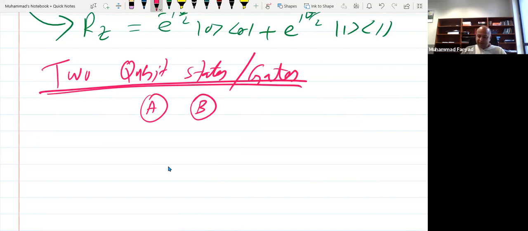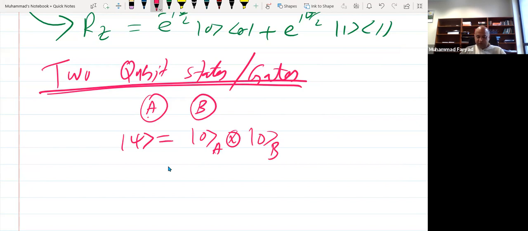And for that, let's say I want to write the states of this A and B system. To build the basis states, we can start by assuming that qubit A is in 0 state, and qubit B is also in 0 state.